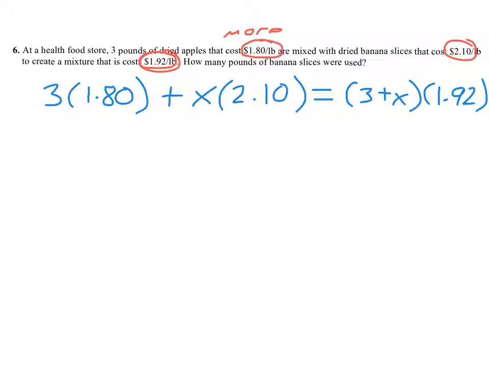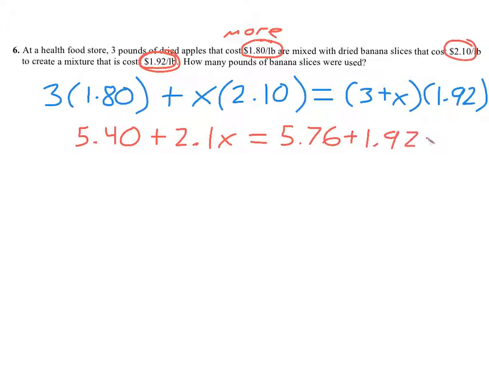So 3 times 1.8 is 5.40 plus 2.1x equals 1.92 times 3, which is 5.76, plus 1.92x.